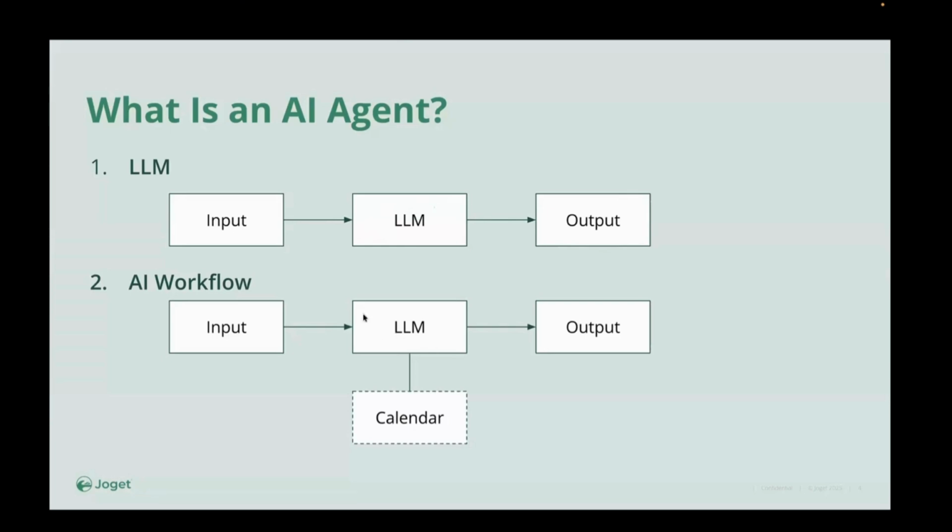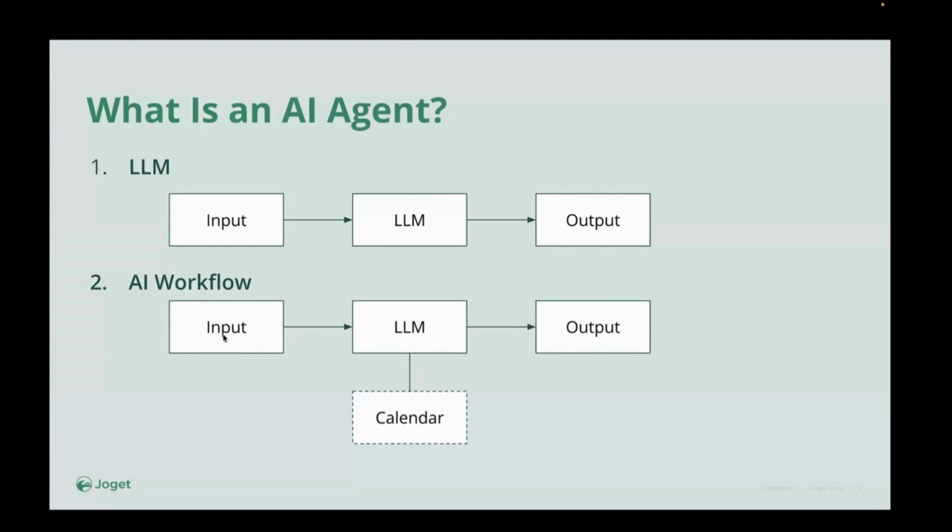You may also integrate the LLM with a specific service, in this case maybe a calendar. This will create an AI workflow. For example, my input could be: let's set up a lunch meeting with Alex and Alice.